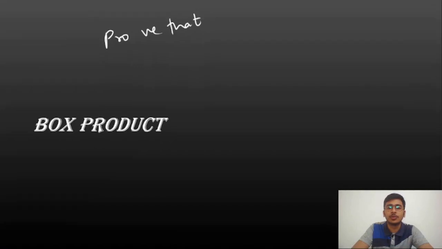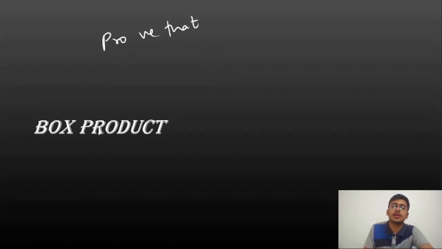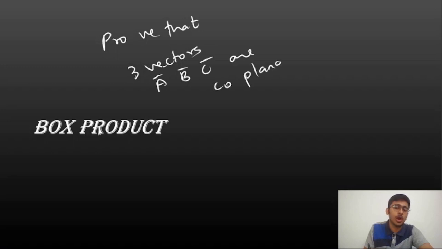Well, one important thing to note in box product is that if you want to prove that three vectors, A vector, B vector, and C vector, are coplanar, how can we say that?